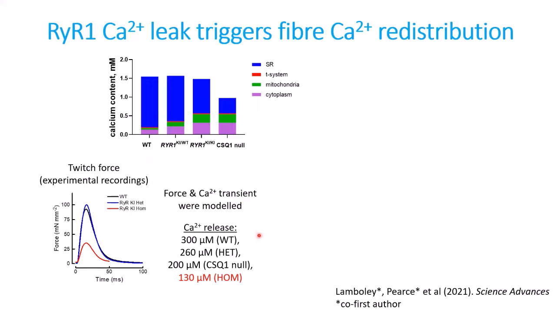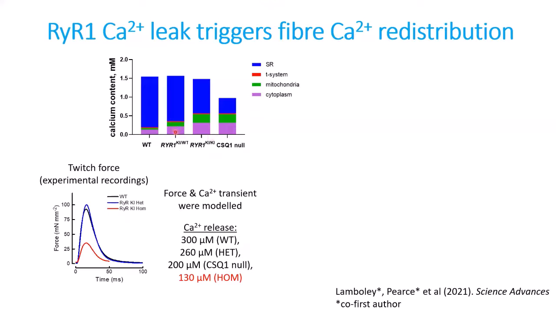And he was able to determine major differences in the amount of calcium released to generate the same force responses in our wild type head and calsequestrin null mouse. So the effect of this redistribution is the amount of calcium release, which is normally 300 micromolar with the first action potential in a train in wild type, is reduced to 260 micromolar in the heterozygous.